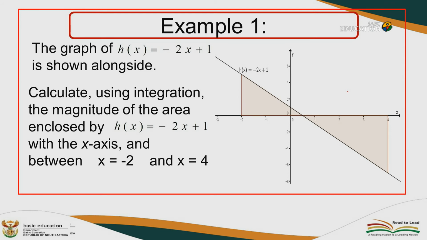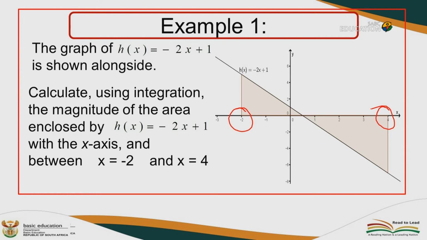Secondly, after identifying the type of function, determine the limits, your lower limit and your upper limit. From here, you can see that this area starts from negative 2 and ends at positive 2. Meaning your value of a is negative 2 and your value of b is 2.